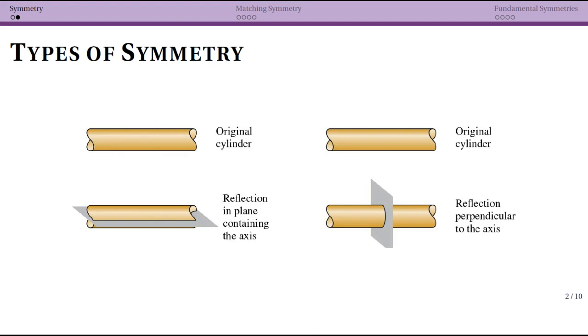Then we have reflection. So reflection is like a mirror. So if we start imagining the top and then basically having a plane that we reflect around, now what was before on the top is now on the bottom. But again, for a cylinder, that's going to be something that's preserved.